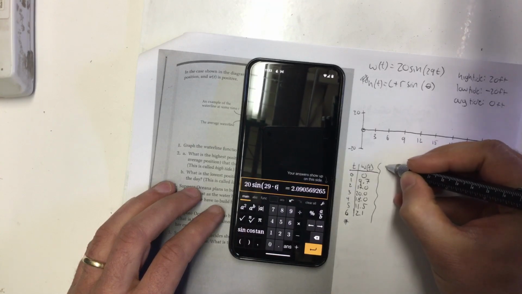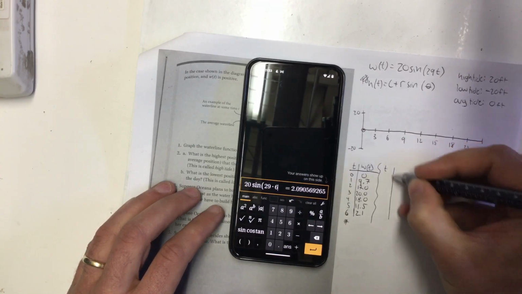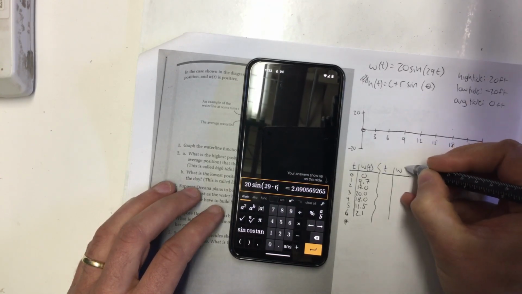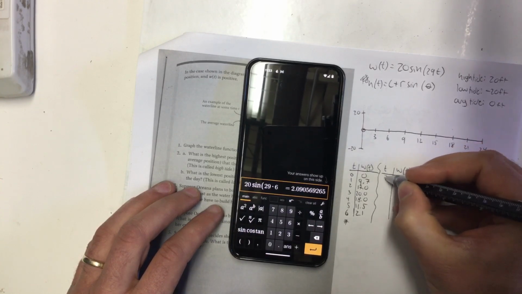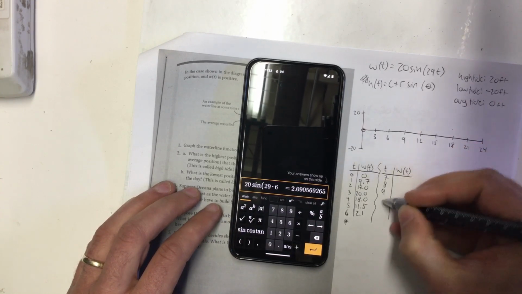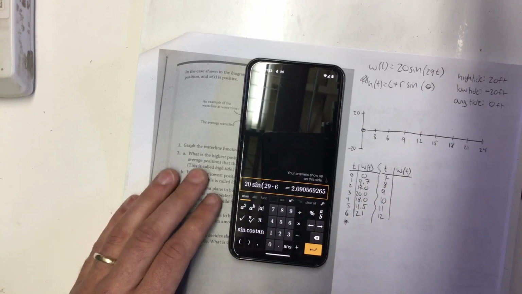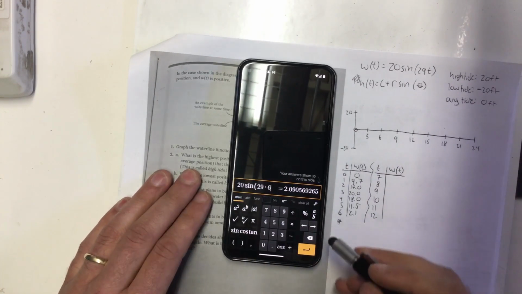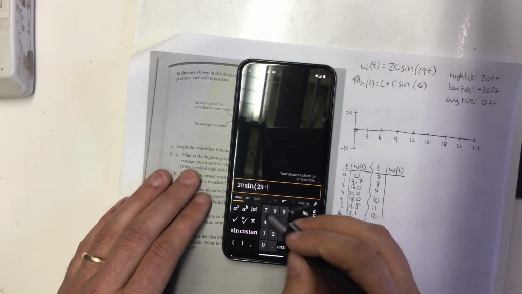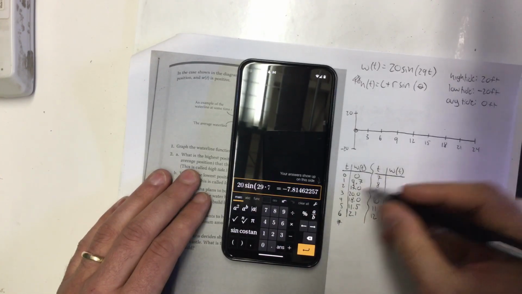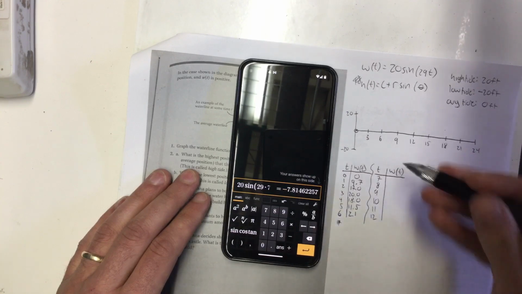Oh, let's go. You know what we're going to do? We're going to just do a lot more. Time, water line, 7 hours, 8 hours, 9 hours, 10 hours, 11 hours, 12 hours. Because this is really easy calculating. 7 hours, we're going to have, ooh, look, now we're below average tide.